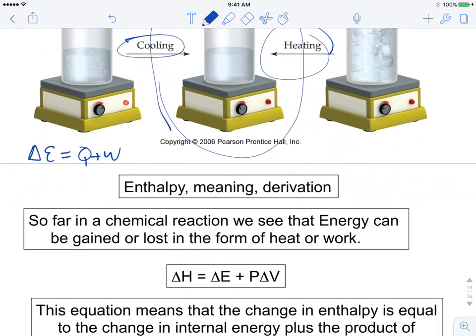Now, we're going to talk a lot about enthalpy, and when we look at a chemical reaction, enthalpy, and you've heard this term before, generally we mean that it is just heat.